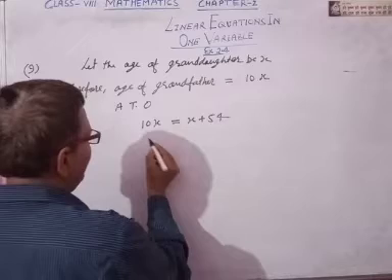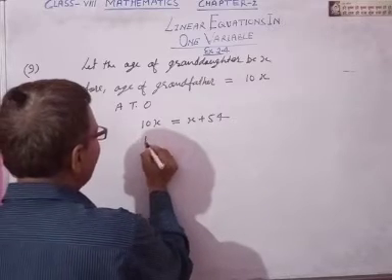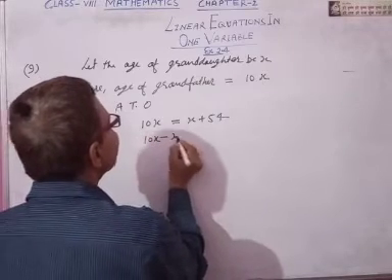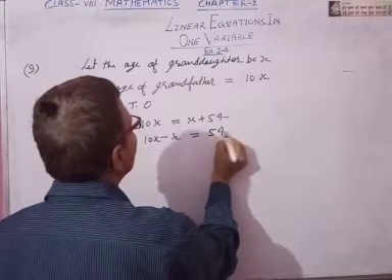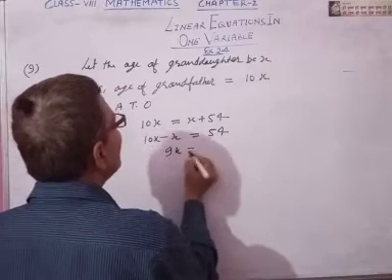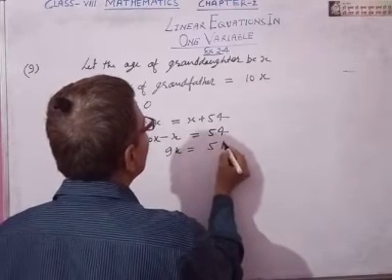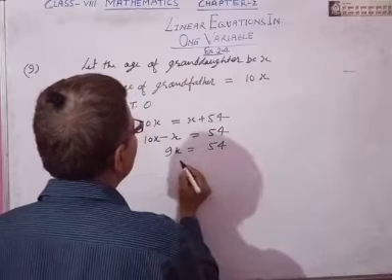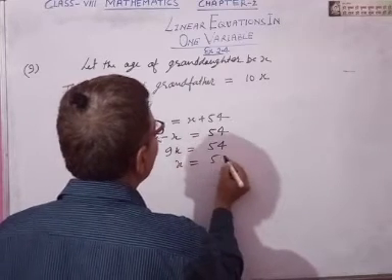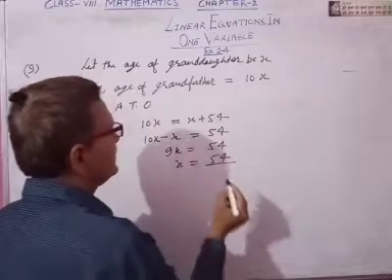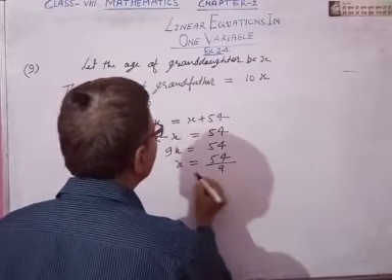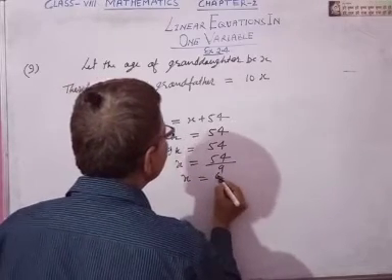So now we will solve. 10x minus x, transposing x to the left hand side, equal to 54. 9x equal to 54. x equal to 54 upon 9. Dividing both sides by 9, x equal to 6 years.